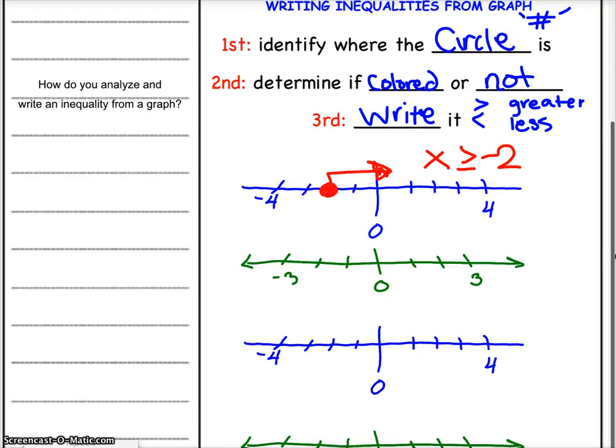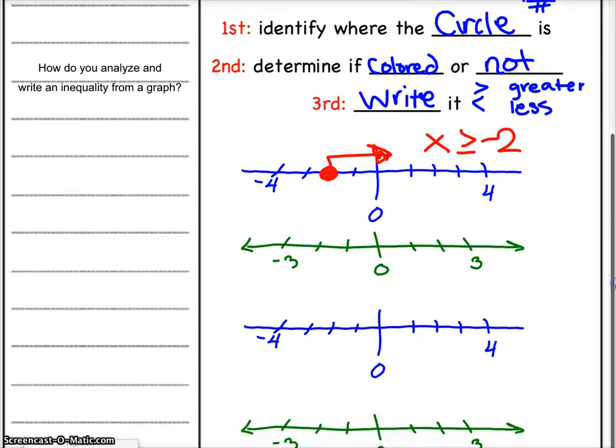Okay, make a circle right here and go this way. So I start with my variable. I'm going to say x.